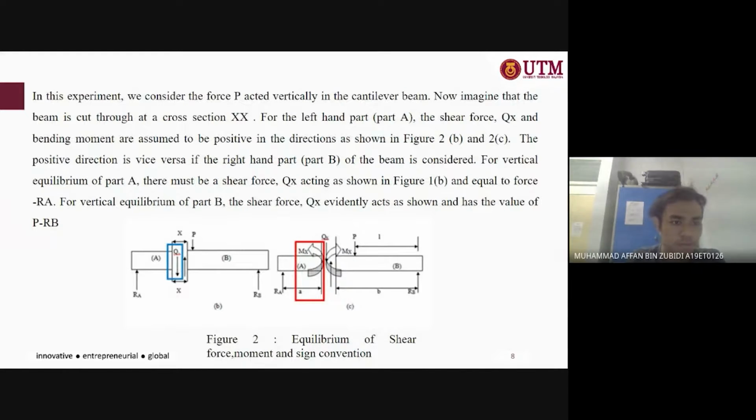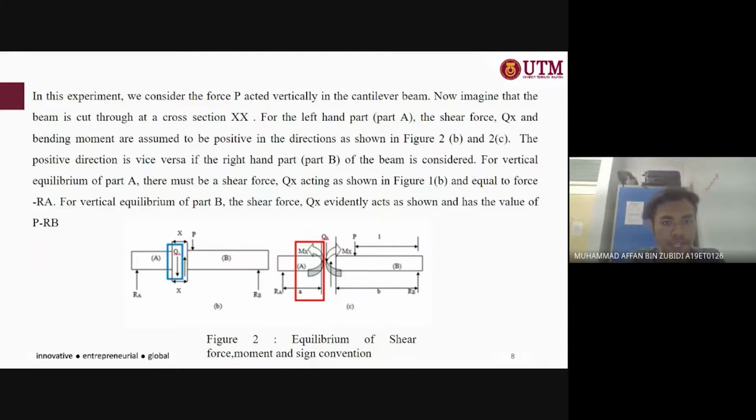Next. In this experiment, we consider P, as we can see in figure 2 at the left hand side, or figure B. We consider the force P acting vertically on the cantilever beam. Now we imagine that the beam is cut through at the cross section at X, which is the blue box.